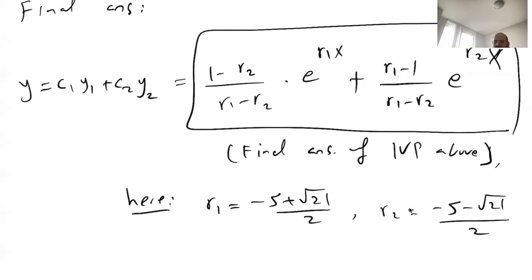Then e to power R1 x and e to power R2 x were our linearly independent solutions, and the general solution was of the form C1 e to power R1 x plus C2 e to power R2 x. To find C1 and C2, we simply use the initial conditions. Two initial conditions were given, with two unknowns C1 and C2. We found C1 and C2 in terms of R1 and R2, and then we substituted back and found the final answer.